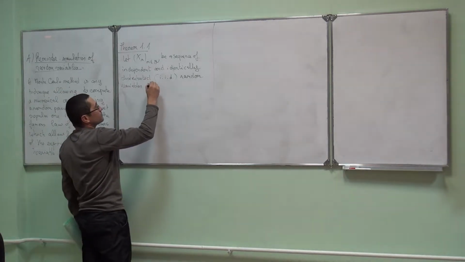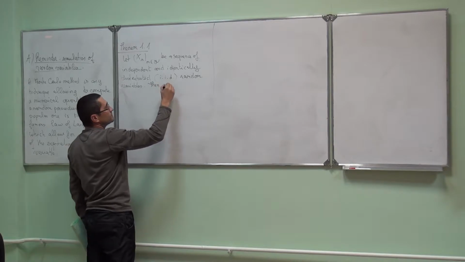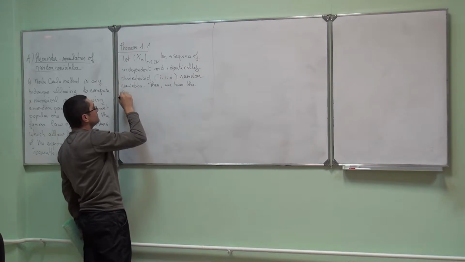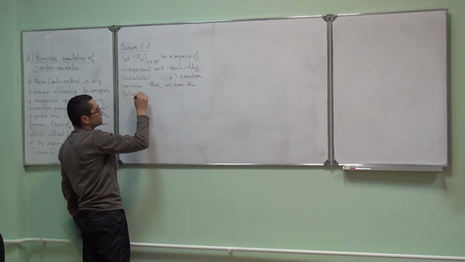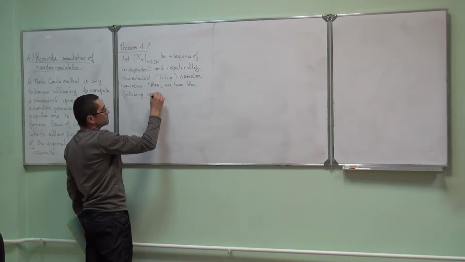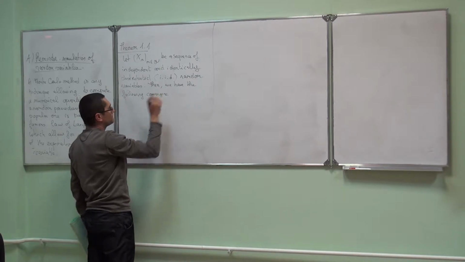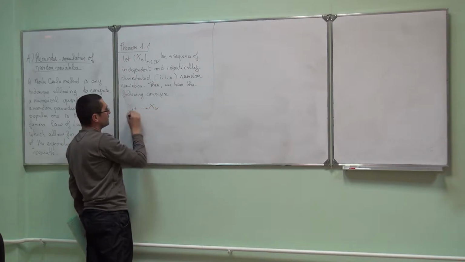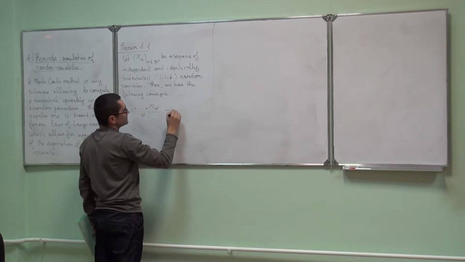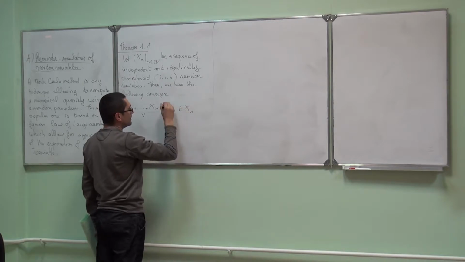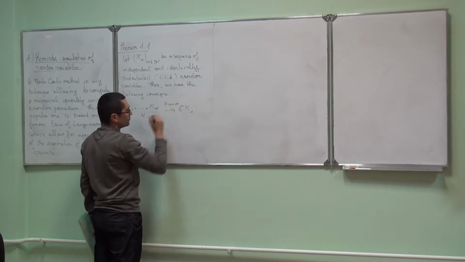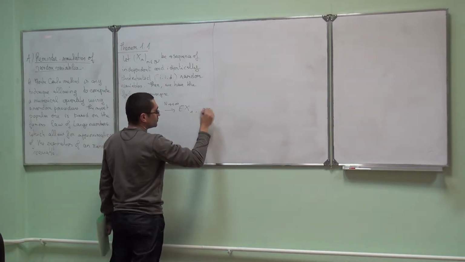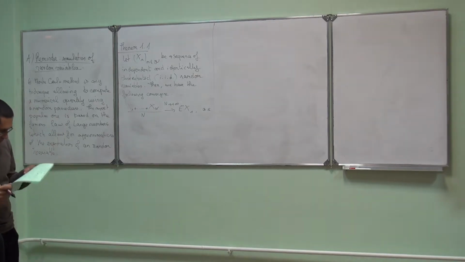Then we have the following convergence: (X_1 + ... + X_N)/N tends to the expectation of X_1 as N tends to plus infinity, and this convergence holds almost surely. This is a classical result.